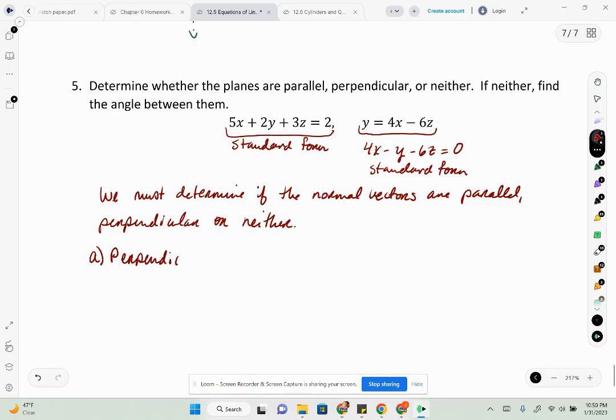and what we know. So we were told the other day that if two vectors have a dot product of 0, then the vectors are perpendicular, and so are the planes.